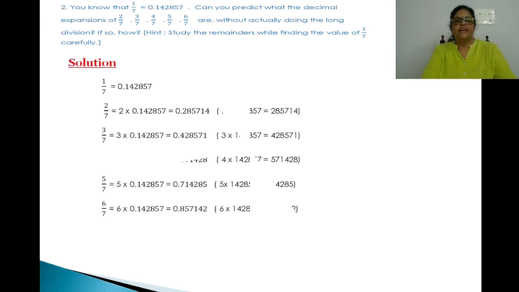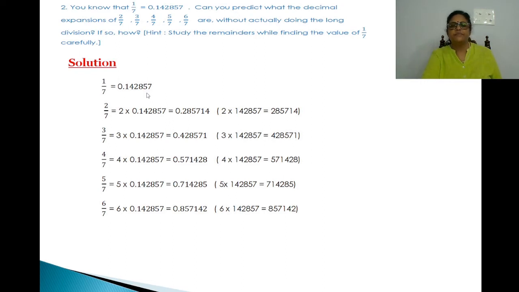So first I will write what is given, 1 by 7. Now, what is 2 by 7? 2 into 1 by 7, 2 into 0.142857. That means 0.285714. 3 by 7 is 3 into 1 by 7, 3 into 0.142857, that means 0.428571.